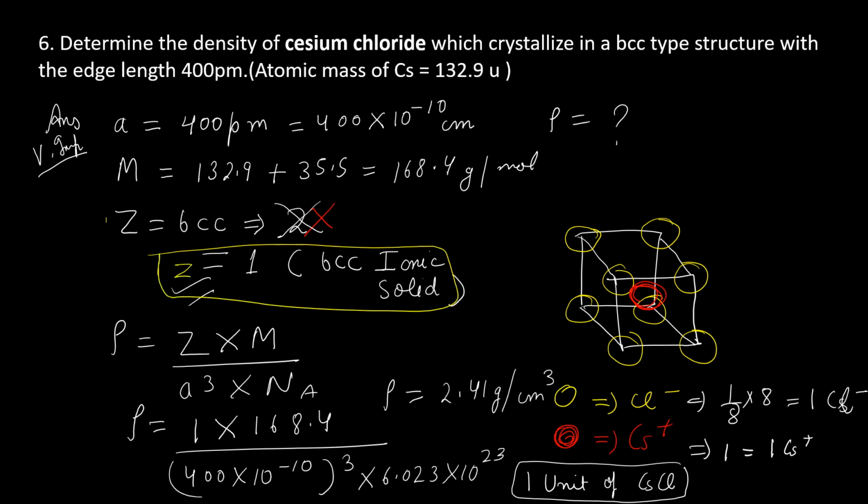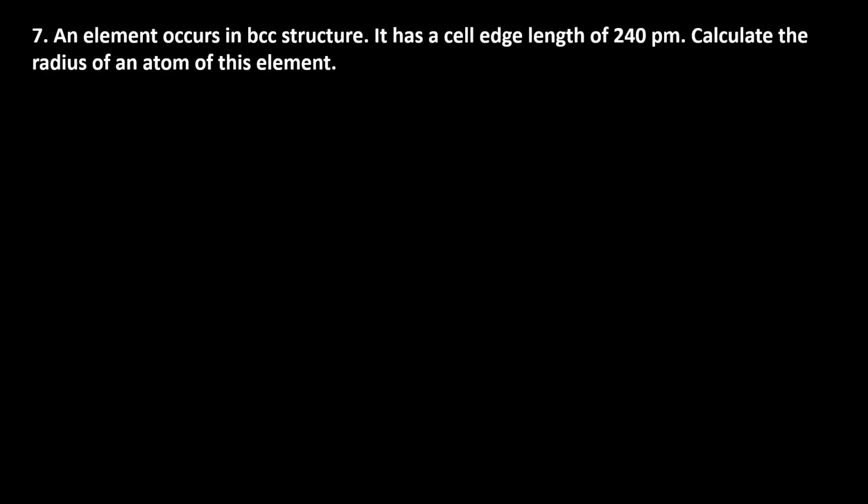This you have to keep in mind. Now, the question is, an element occurs in BCC structure and it has a cell edge length of 240 picometer. Calculate the radius of an atom of this element, right?